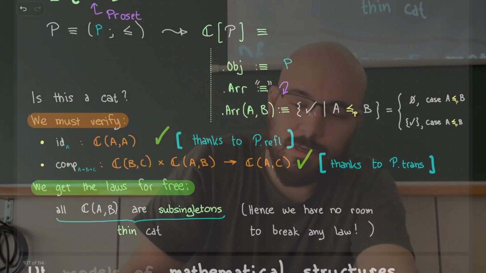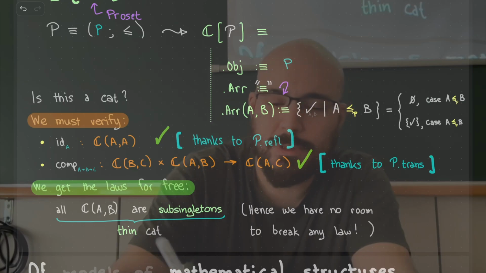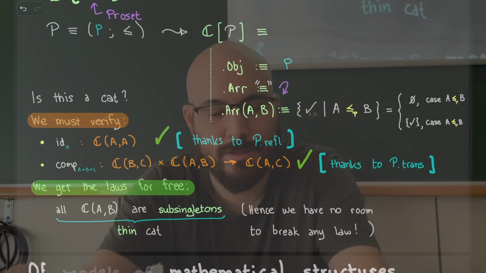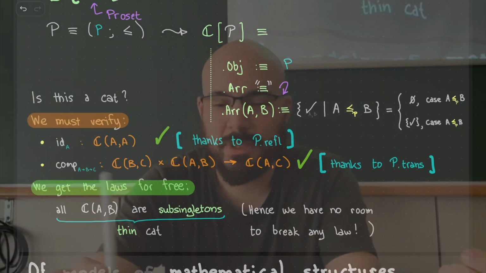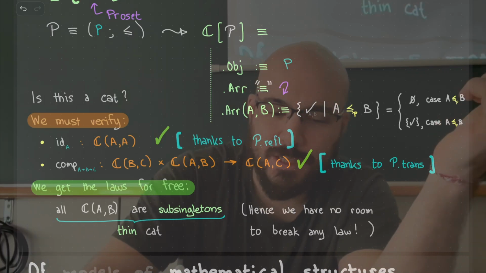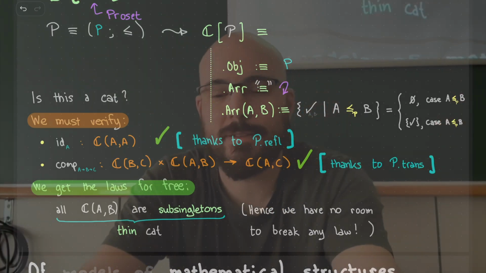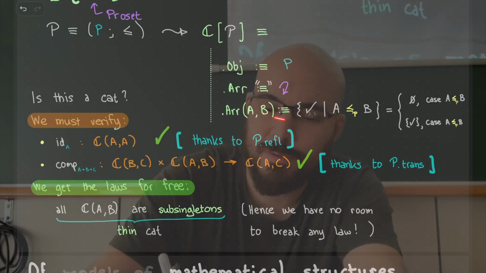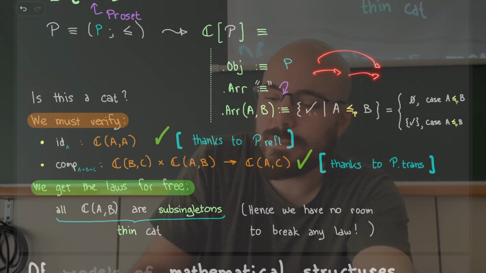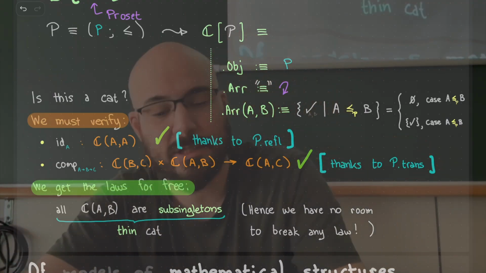So the laws, we get them for free, and what we need to verify is that indeed we have identities and we have the compositions, which means that essentially you need to verify that there is such an arrow to be the identity, and you get that thanks to reflexivity, and you need to verify that if you have these two arrows, this is also guaranteed, and you have that thanks to transitivity.